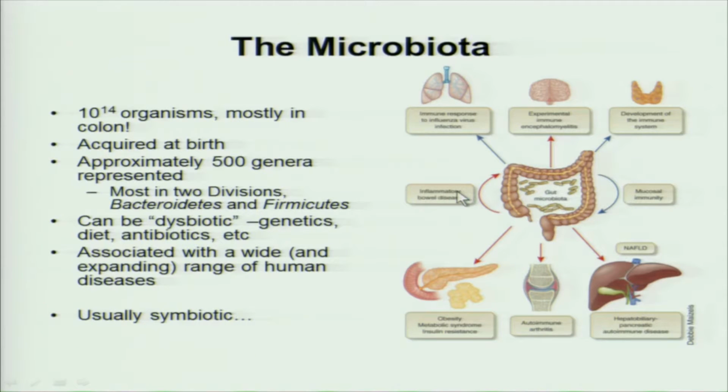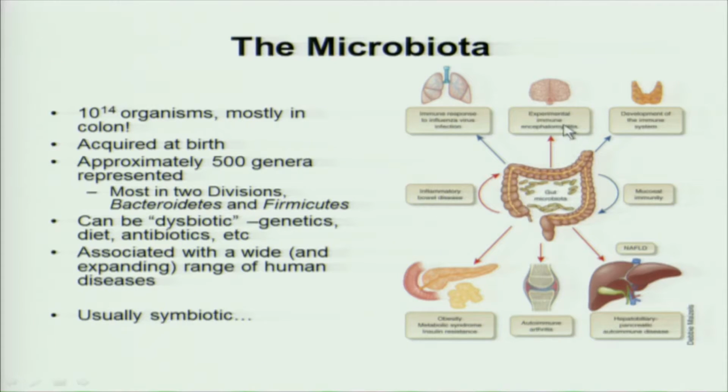The classic ones are IBD. That's one of the first characterized notions, and indeed the detection of the NOD mutations, which is a pattern recognition receptor, sort of catalyzed the whole notion about changes in the microbiota in inflammatory disease pathogenesis. And mucosal immunity all have major roles with the microbiota. There's effects of the microbiota in the CNS.